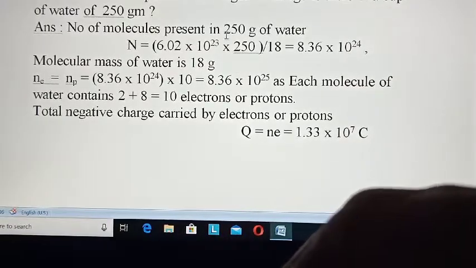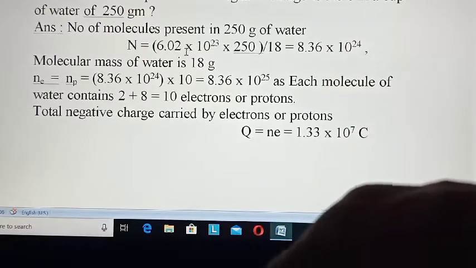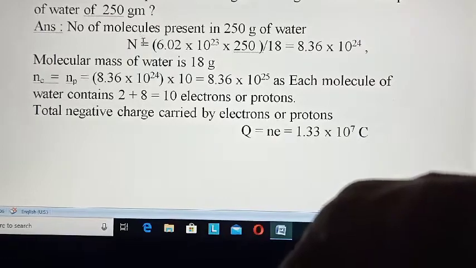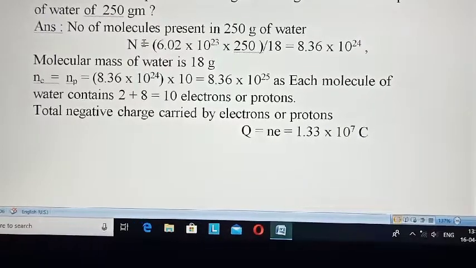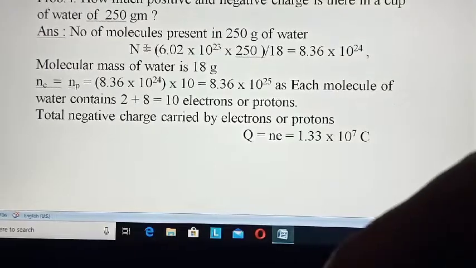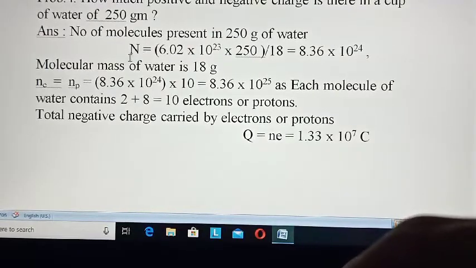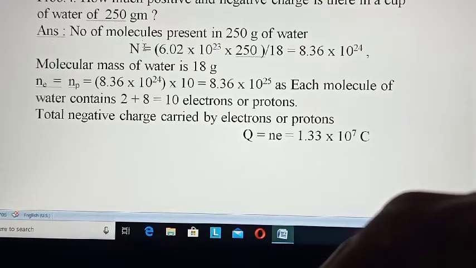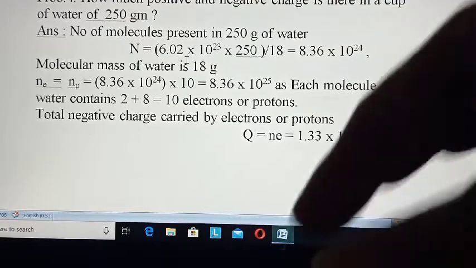You see the mass of water is 250 gram. So what you have to calculate is the number of molecules present, because H2O is a molecule. You have already learned in chemistry how to calculate the number of molecules for 1 mole or for a particular mass. For 1 mole, it is 6.02 into 10 to the power 23.